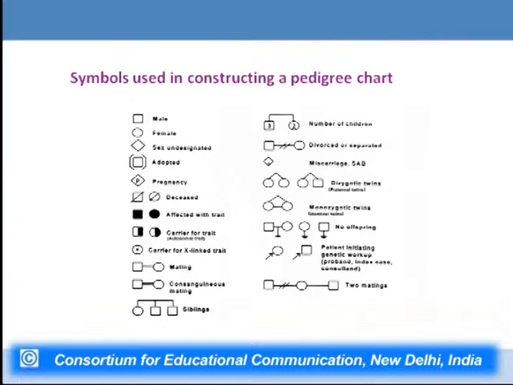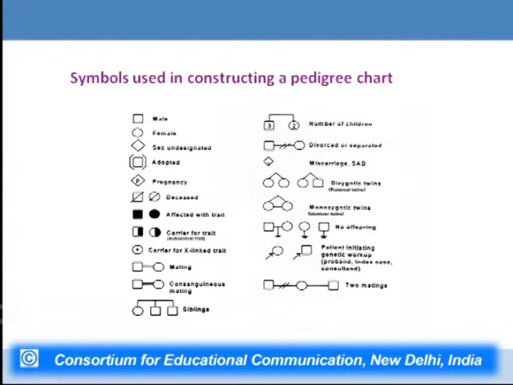So, all the siblings would be connected through vertical lines to a horizontal line, which is the sibship line. The number of children can also be represented by putting in the numbers in squares or circles. Any couple which has divorced or separated would be represented by a cross in between the marriage line.